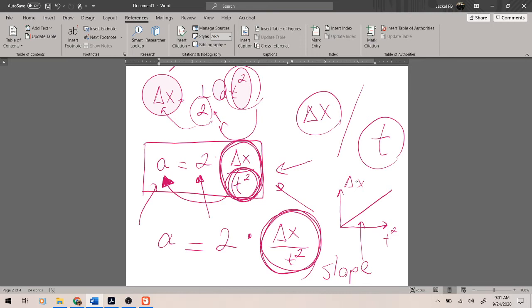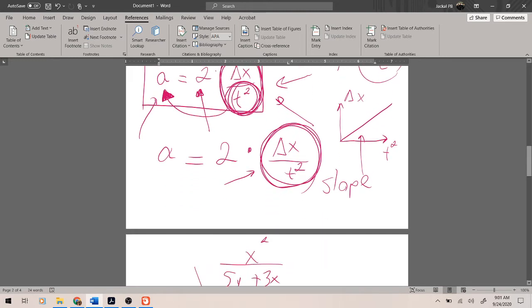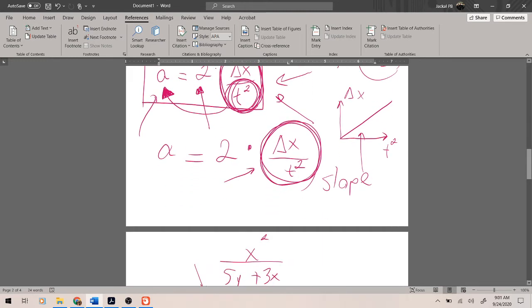If you get the graph and get the slope, then you are going to have the number for this delta x over t squared ratio. Then what is going to be the answer for a? Your acceleration is going to be 2 times the slope of your x to t squared graph.